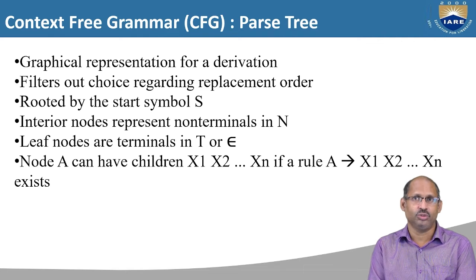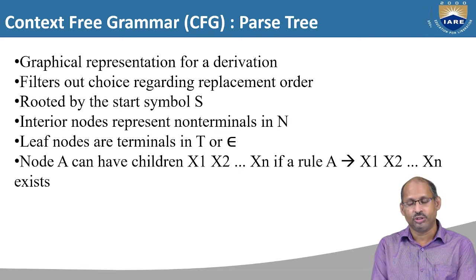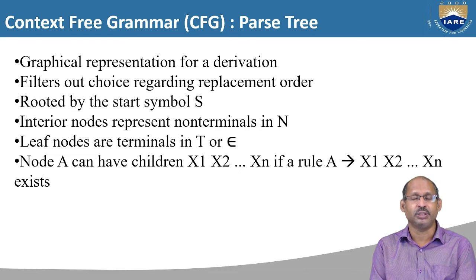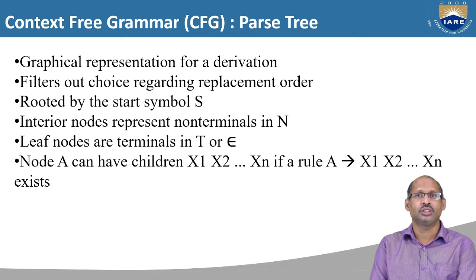The interior nodes represent non-terminals in N. So the root of the parse tree is S, and the non-terminals are represented as interior nodes. The leaf nodes are the terminals or simply the empty symbol. The terminals are represented as the leaves of the tree.